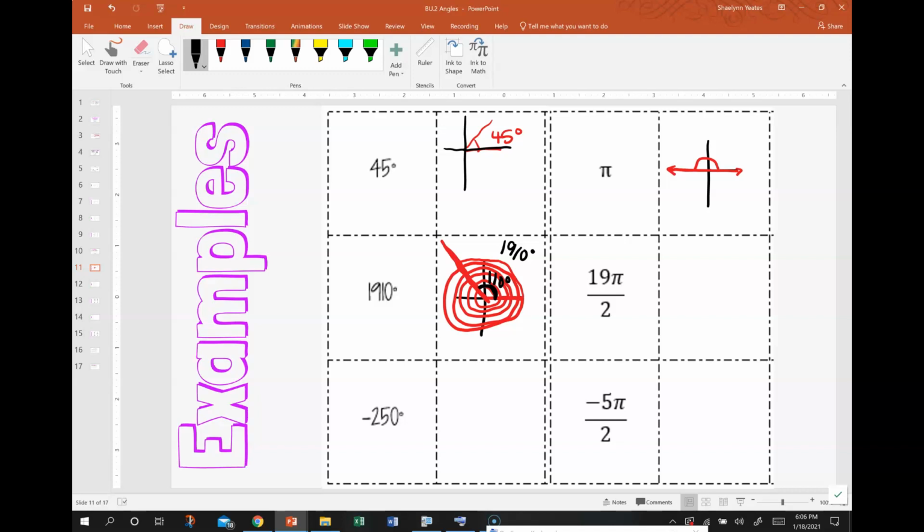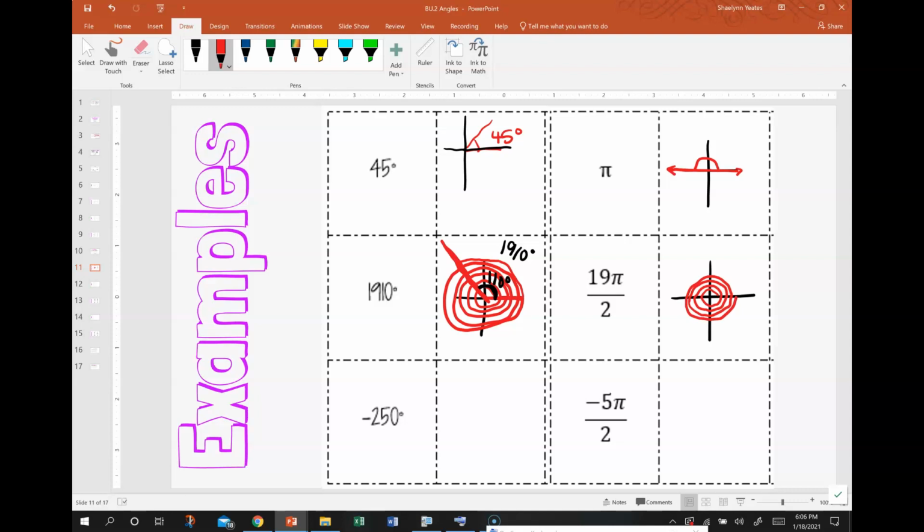Okay, so let's do 19 pi halves, which means we go around 9.5 times. So here's our thing. We're going to go around pi, 2 pi, 3 pi, 4 pi, 5 pi, 6 pi, 7 pi, 8 pi, 9 pi.